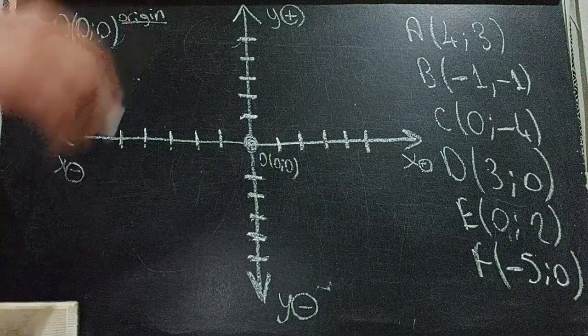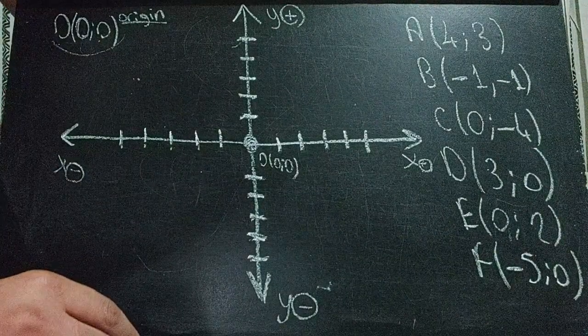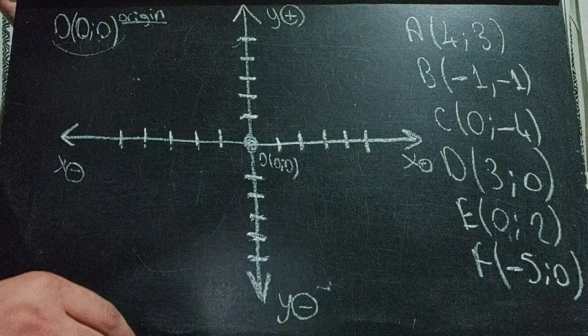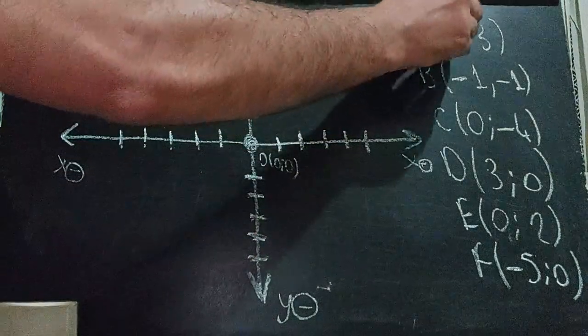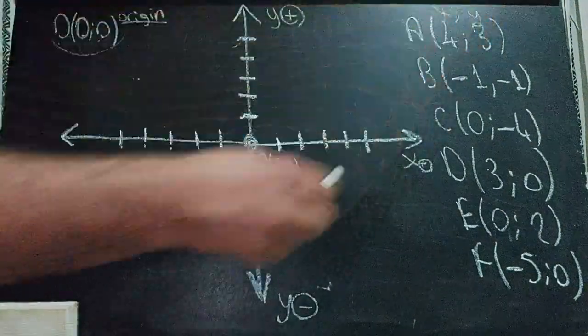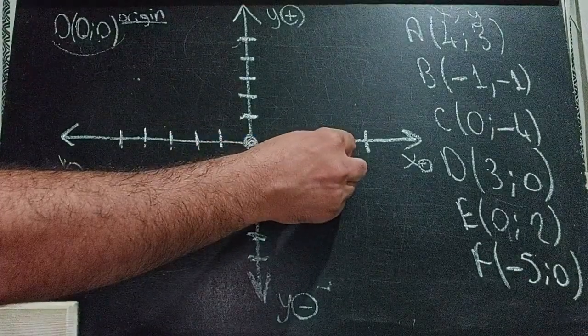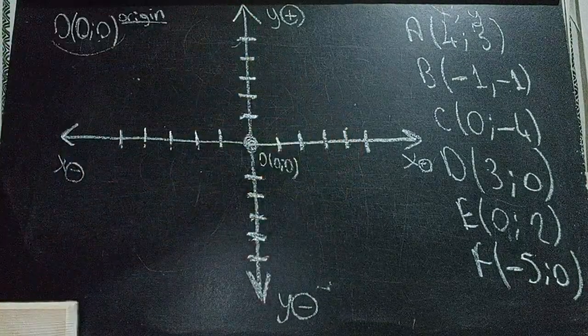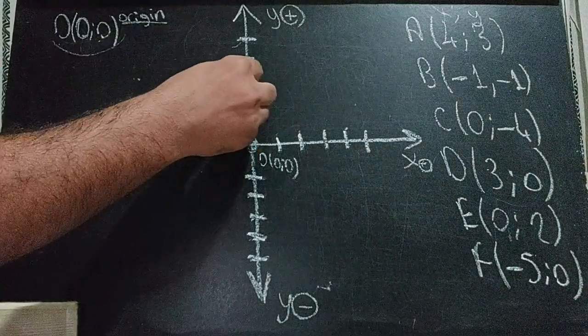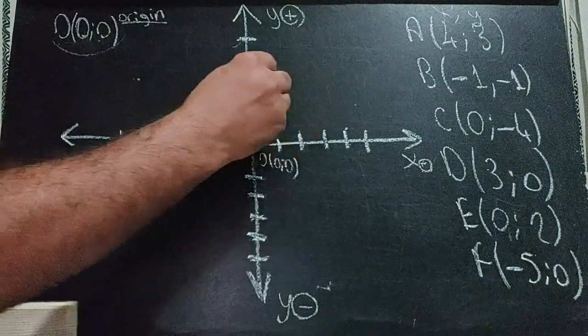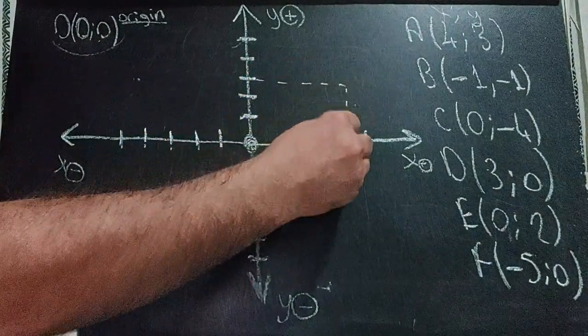So now let's pass to our other question. A, 4, 3. First one is x, second one is y. So 4 from x, 1, 2, 3, 4 there. And for y, 1, 2, 3, they will extend there.